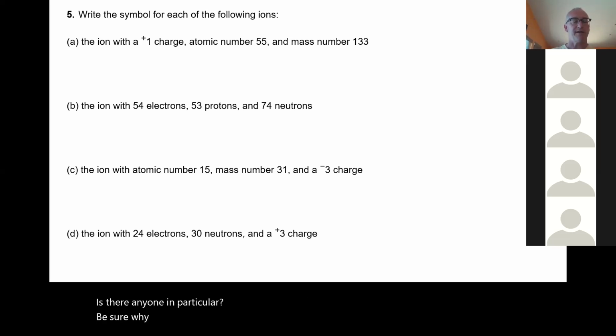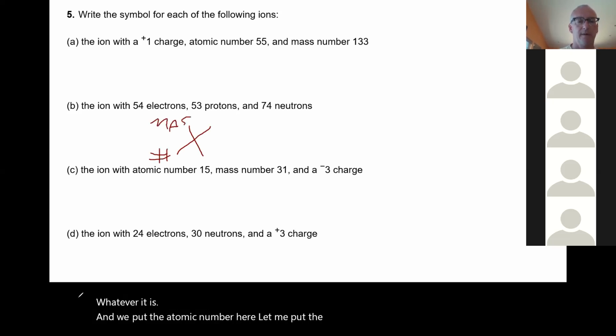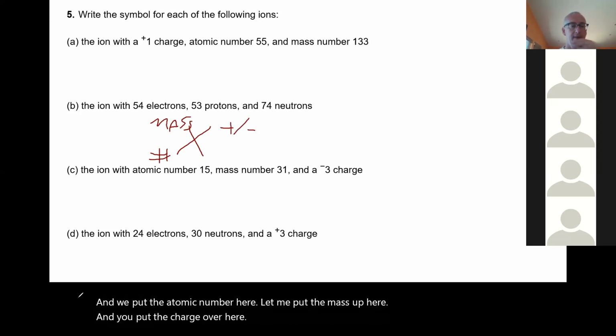B. Right. So we're going to write the symbol. So you remember how the symbol goes. We write the symbol, whatever it is, and we put the atomic number here. We put the mass up here, and we put the charge over here. Okay.